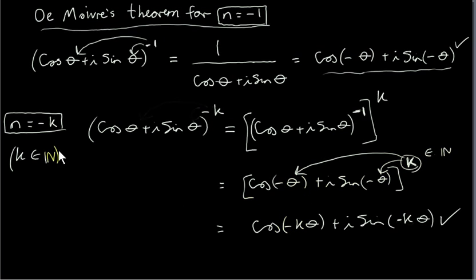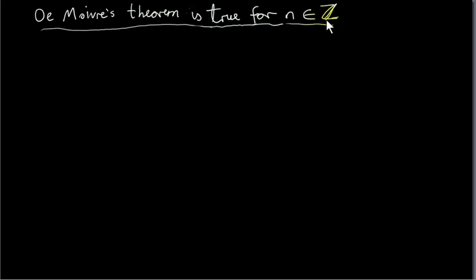So now we've proven de Moivre's theorem for all integers, not just positive integers, but negative integers as well. And we proved it for n equals 0 also in the previous video. So the letter Z denotes the set of all integers, that is positive and negative whole numbers, including 0.